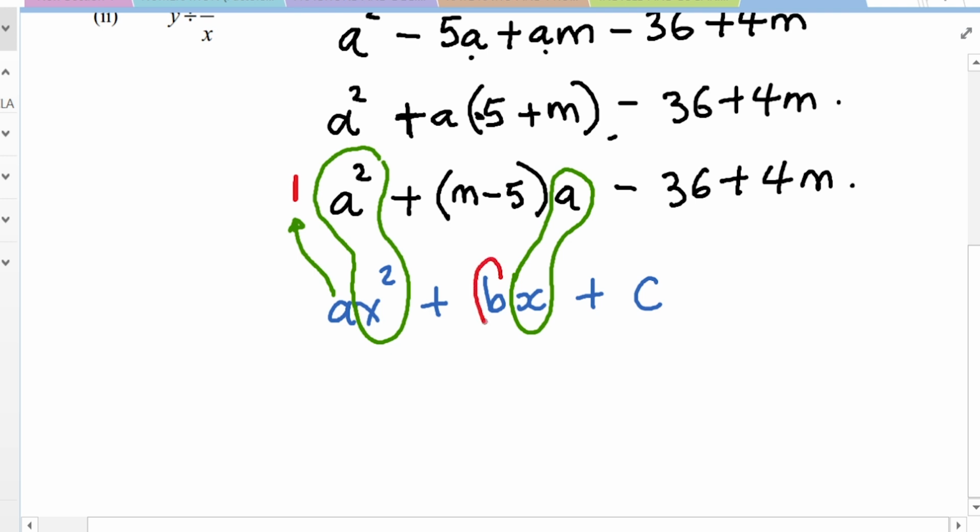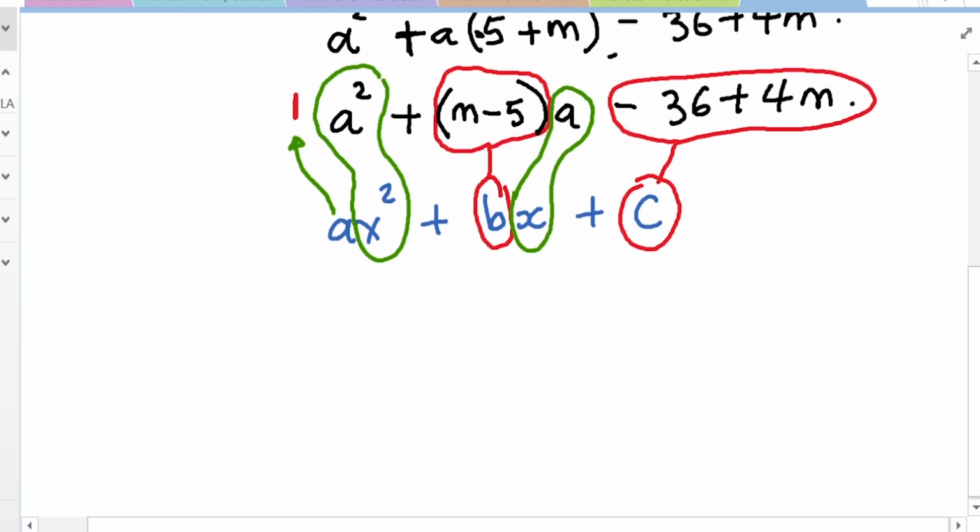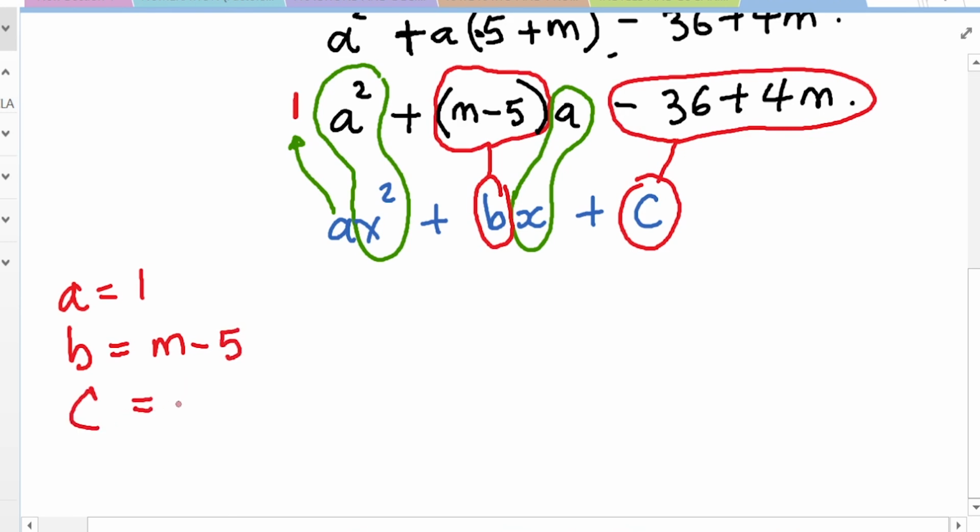My value of b here is this expression right there, and my value of c is this whole expression. So if I may summarize that, I hope you have not lost anyone. My value of a here is 1, my value of b here is m minus 5, and my value of c is negative 36 minus 4m, which is the same as saying 4m minus 36.